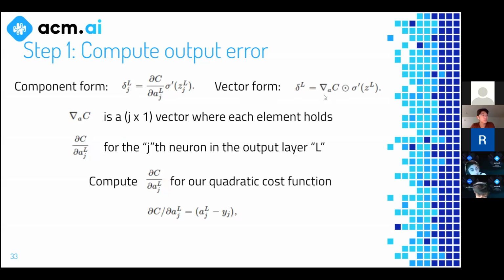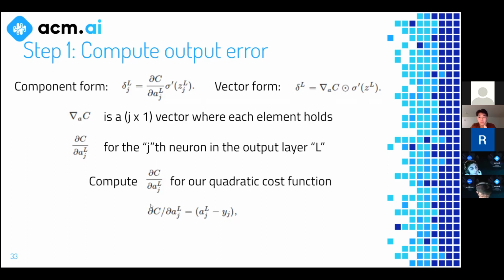This upside down triangle represents gradient. So this is saying the gradient of the cost function with respect to the activation, which is a vector, and then we do the element-wise product with this derivative of the sigmoid function for the weighted output. Now, this is a more generalized form of the equation.